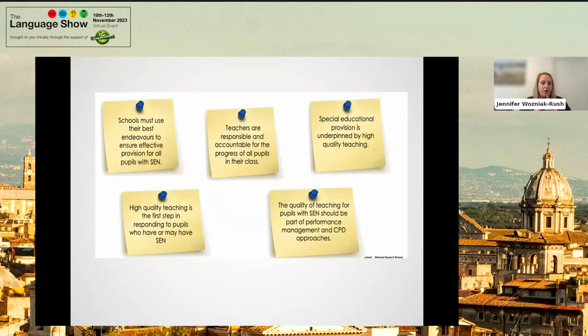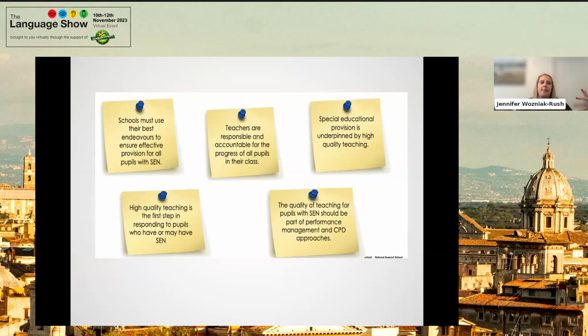So all the research, whether it is the teacher handbook for SEND, the SEND Code of Practice, or the EEF guidance report on special educational needs in mainstream schools, they all suggest the same: the main factor for success is high quality teaching. Here, as you can see on the screen, I have put some of the key messages from it.